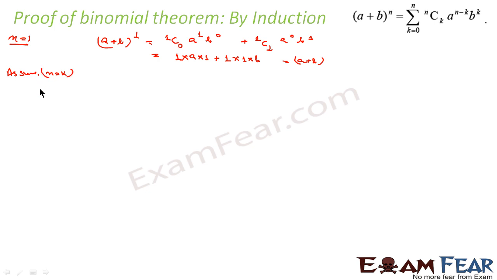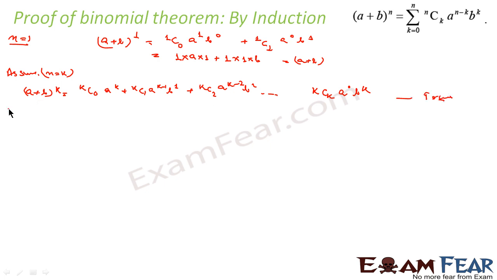So we'll see that (a + b)^k becomes kC0 a^k plus kC1 a^(k-1) b^1 plus kC2 a^(k-2) b^2 and so on up to kCk, and this becomes a^0 b^k. So this is the expansion of (a + b)^k. So we assume that this is true.